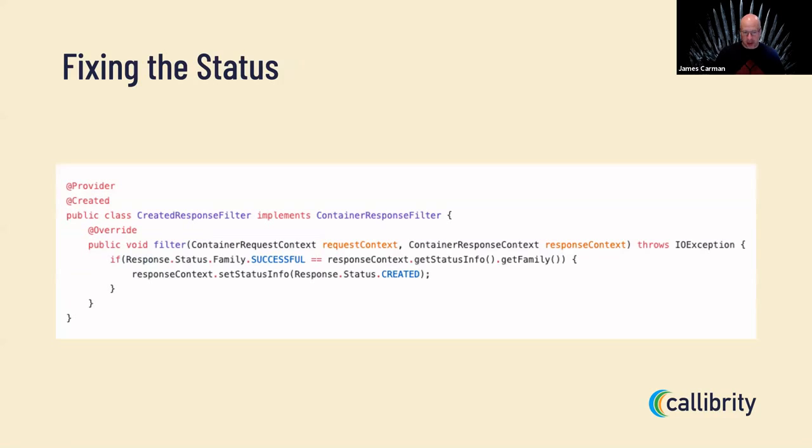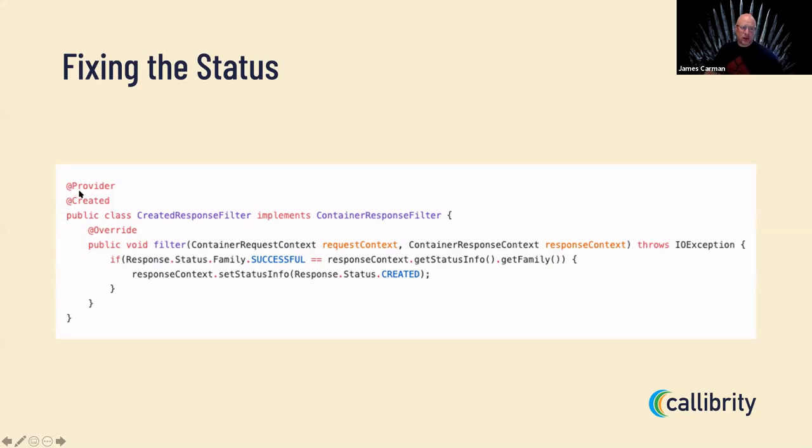There's a corresponding container request filter that looks very much like this, but the filter method only gives you the container request context. So on the way in, you can filter the requests and make changes. Folks use container request filters for things like authentication and authorization. But here we're going to intercept this on the way out and change the 200 to a 201.